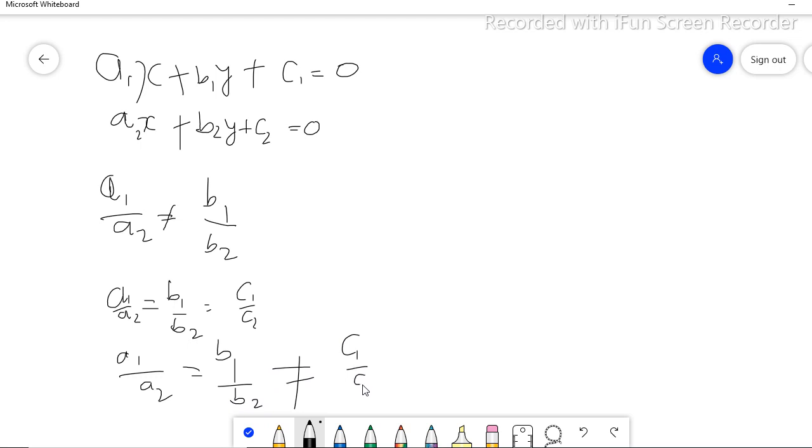In such case, in these two cases, the equation will be inconsistent. यो दुईटा भयो भने यो कन्डिसन आयो भने चाहिँ इक्वेसन कन्सिस्टेन्ट हुँदैन.